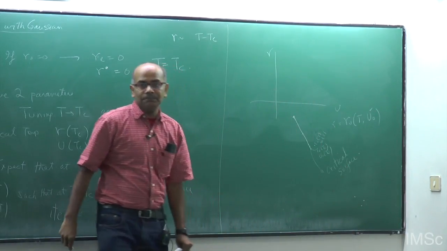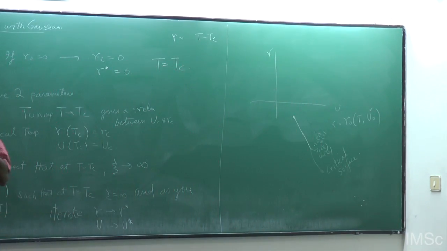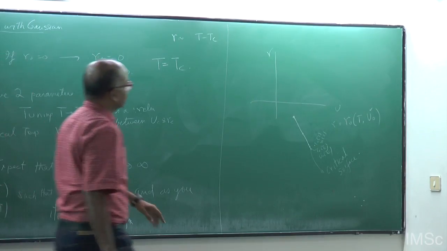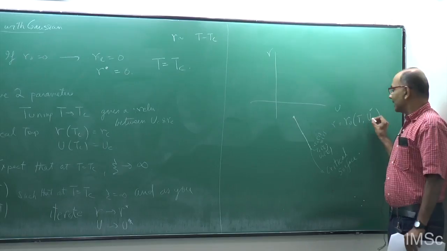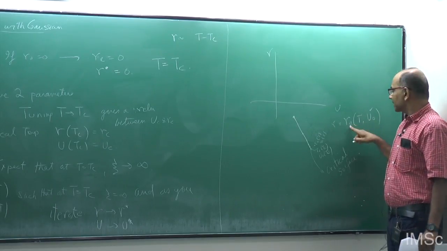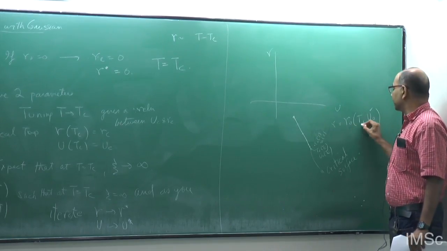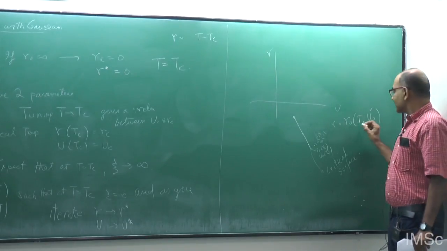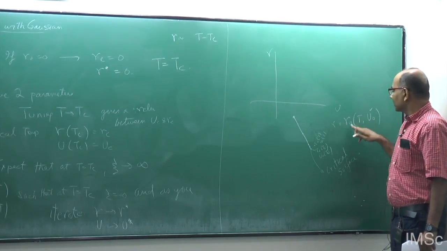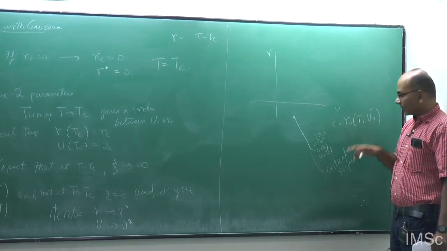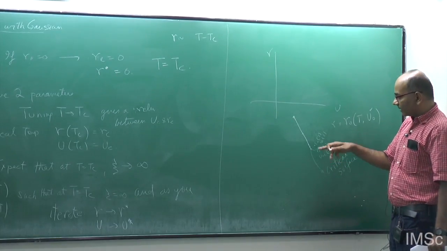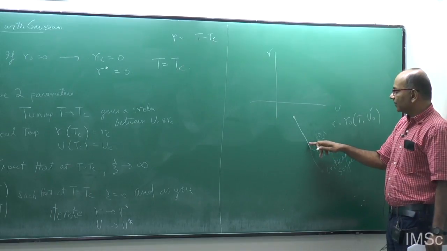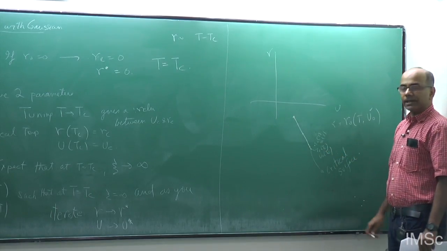Okay, let me just reiterate. If I choose any U0 and T, there is a corresponding R0, such that when T equals Tc, this R0 has a critical value, and you're lying on the surface, which has the property that when you iterate, you go along the surface and you hit the fixed point.